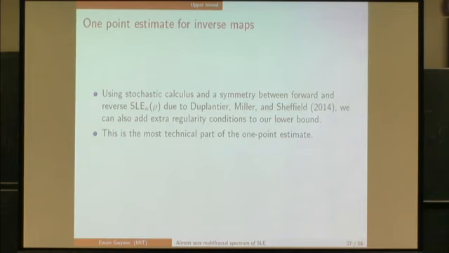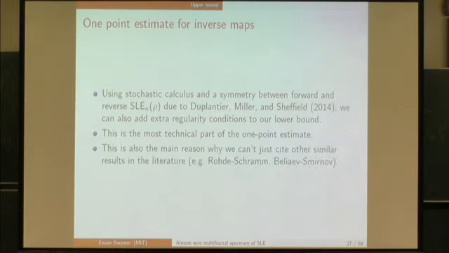But it's also kind of crucial that we have these later in the proof. This is also the main reason why we can't just use other related results which give similar looking estimates for the derivative of inverse SLE maps, for example estimates by Rohde and Schramm and by Belyaev and Smirnov, because these estimates don't have the regularity conditions that we need, and so we have to derive the estimates from scratch so that we can get the desired regularity conditions in the lower bound.